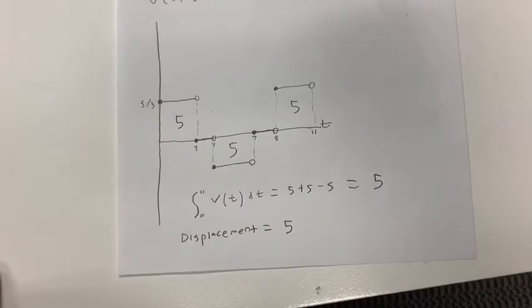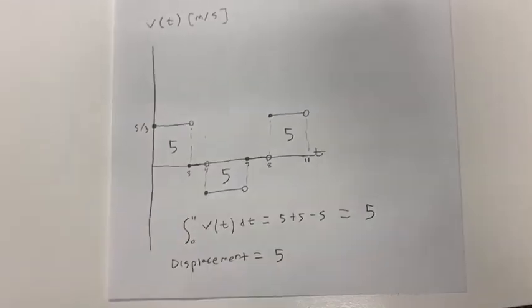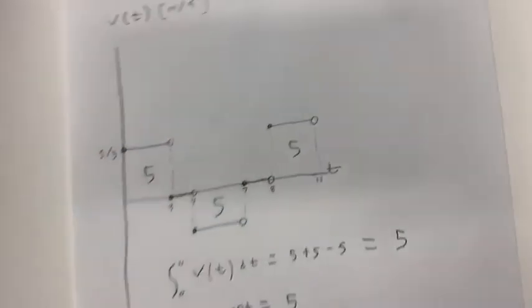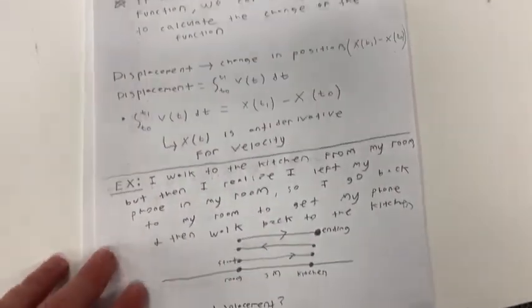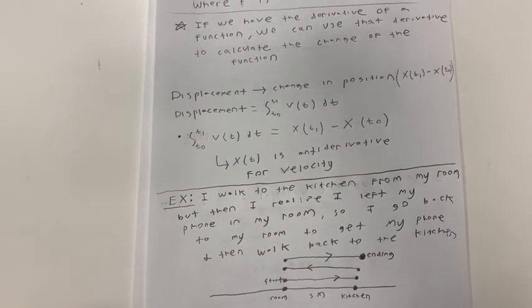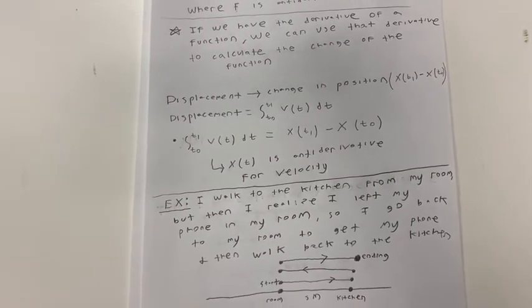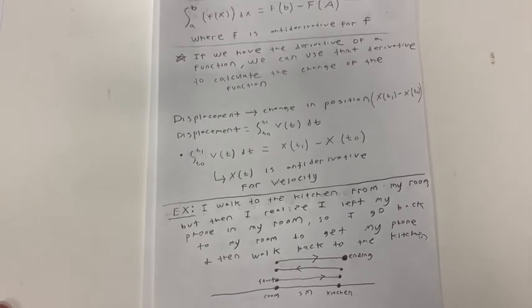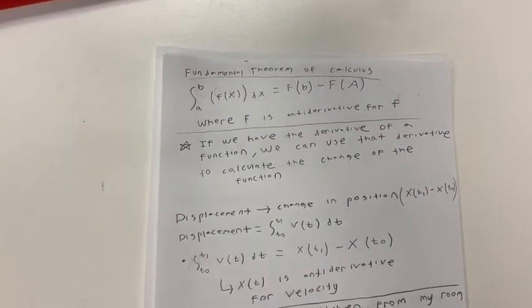If we add all those up, we get 5. So the displacement is 5, which we predicted here. As we can see, this formula, displacement equals the integral of velocity from time 0 to time 1, makes sense because of what we learned in the fundamental theorem.